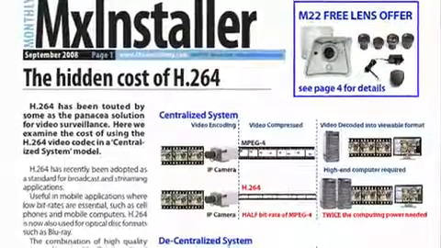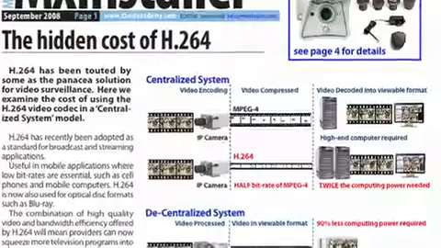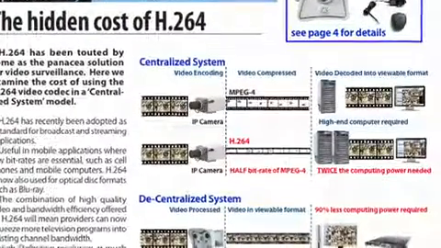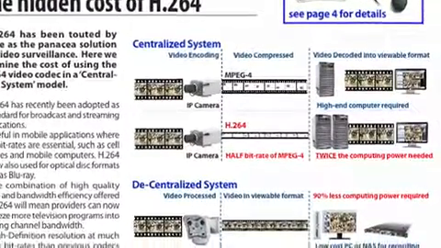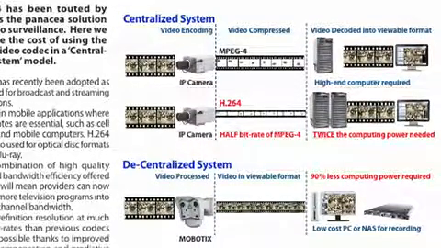Here it provides a comparison of the two technologies, centralized and decentralized. It illustrates the point that the video streaming from MPEG-4 and H.264 IP cameras is so compressed there is a huge amount of work of rebuilding the video server-side. In the decentralized surveillance system, notice that most of the video processing has already been performed at the camera.